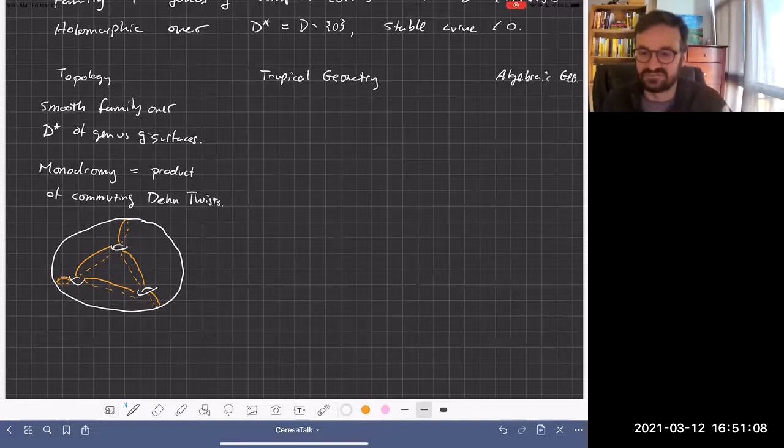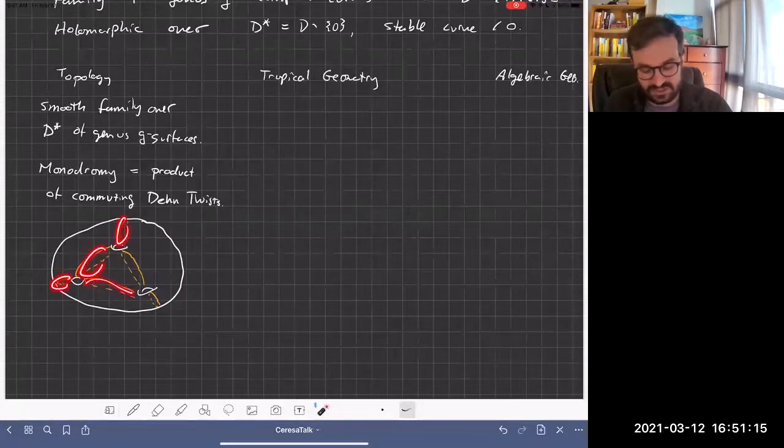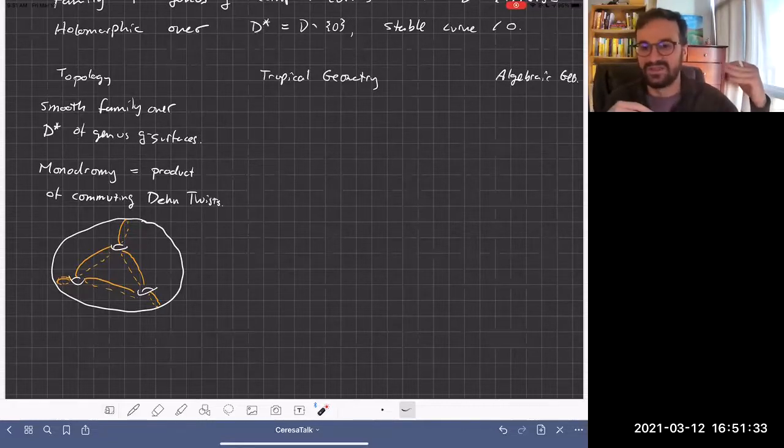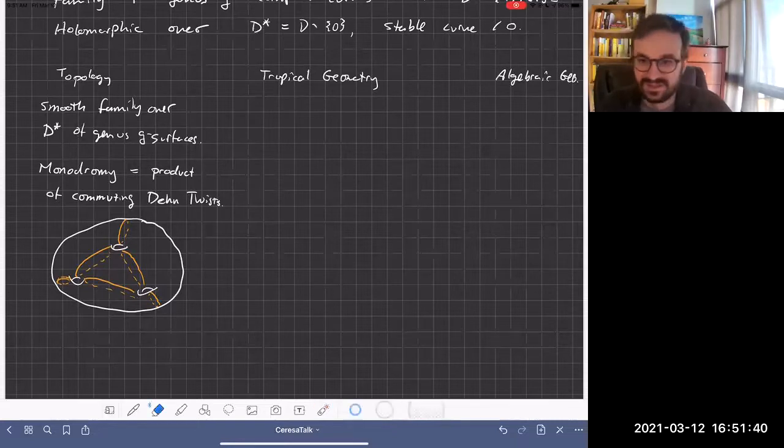Right, so the action is just given by a product of the Dehn twists, one for each of these curves. And you have to figure out the power that you raise these to, and those powers can be read off a little bit easier from the tropical perspective, but it depends on how the actual family of curves is degenerating into the singular curve.